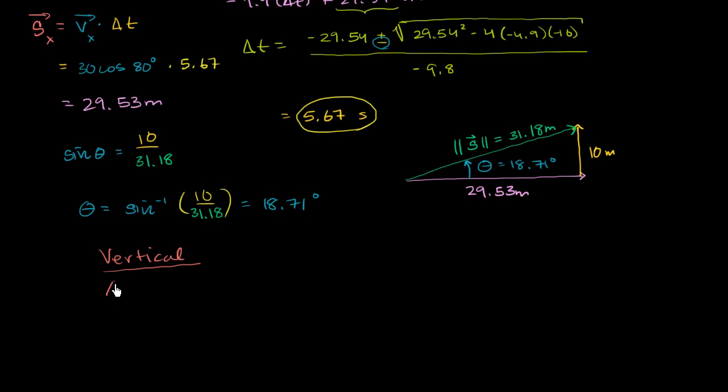We know that the change in velocity, or we could say the vertical component of the change in velocity, is equal to the vertical component of the acceleration times time. Now, we know what the change in time is. And what is our change in velocity?